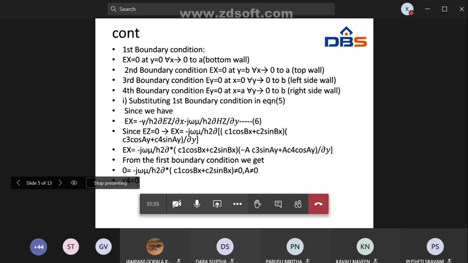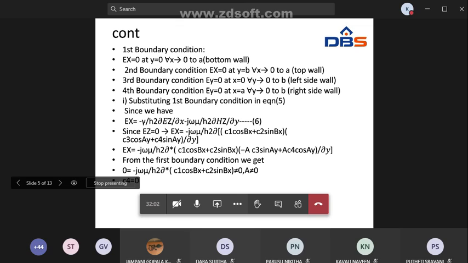So substitute first boundary condition here. Here Ex equal to 0, right? So substitute here Ex equal to 0. So 0 equal to minus j omega mu by h square into C1 cos Bx plus C2 sin Bx into a C4, right?